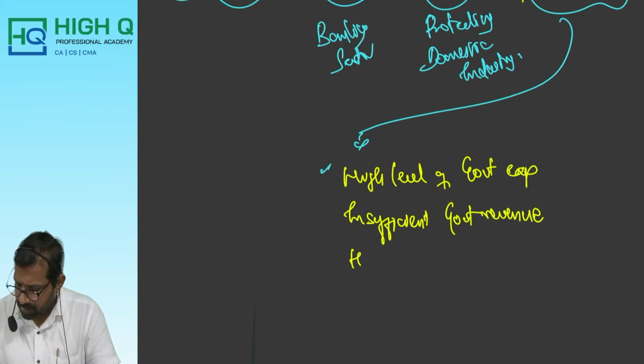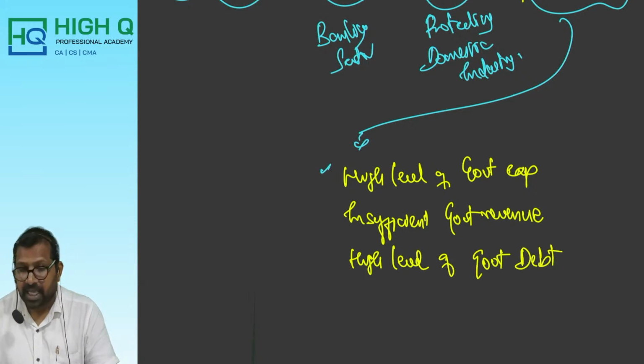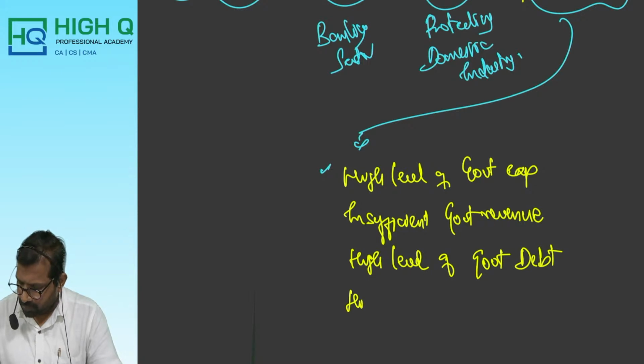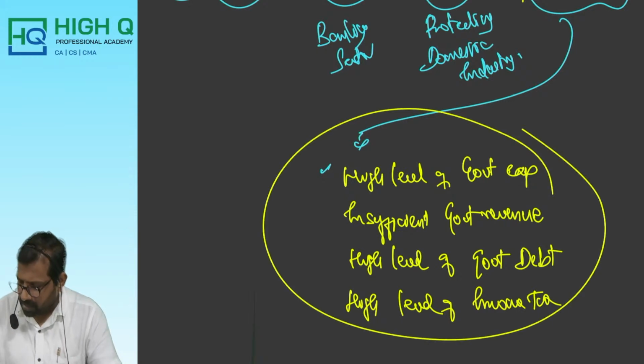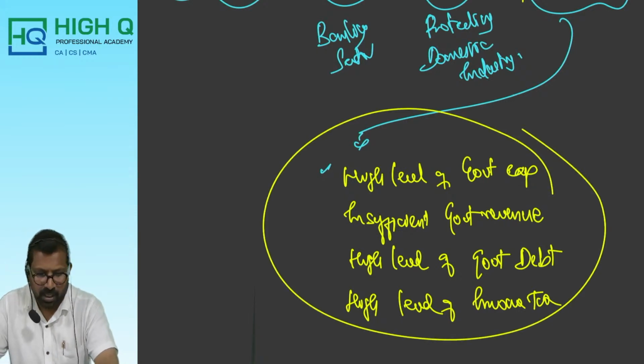Point number 3, high level of government debt. Point number 4, high level of income tax. All these 4 represent the fiscal policy.